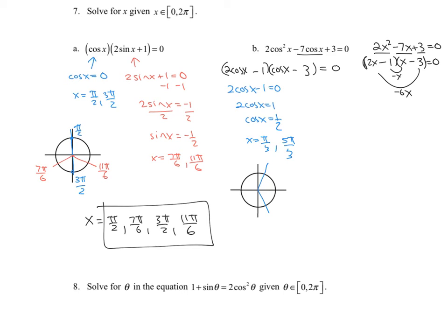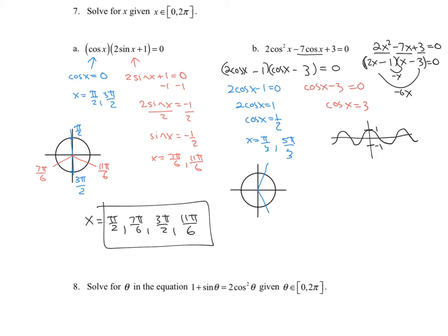Now we also have to solve the other part of this equation, cosine x minus 3 equals 0. So I add 3 to both sides and I get cosine x equals 3. Now I can't think of anywhere on the unit circle that cosine x equals 3. And if you remember when we graphed cosine functions, they oscillated between negative 1 and 1.